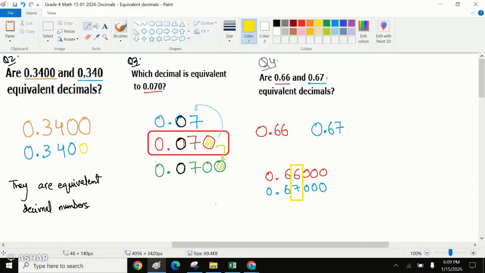Or simply we can see this is 66 and this is 67, right? And we know that 66 and 67 cannot be equal in fractions. So we have a sign for not equal. We can write it in words, or what we can do is we make an equal sign and we slash it. We cancel it. So if I write not equal, the sign in the middle would read as 0.66 is not equal to 0.67.